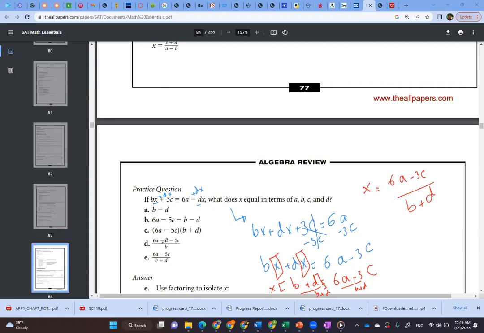Six A minus 5. Why did he get 5? I think this is a mistake. 6a minus, without 5 it is incorrect here. That's why I was hesitant when I answered.